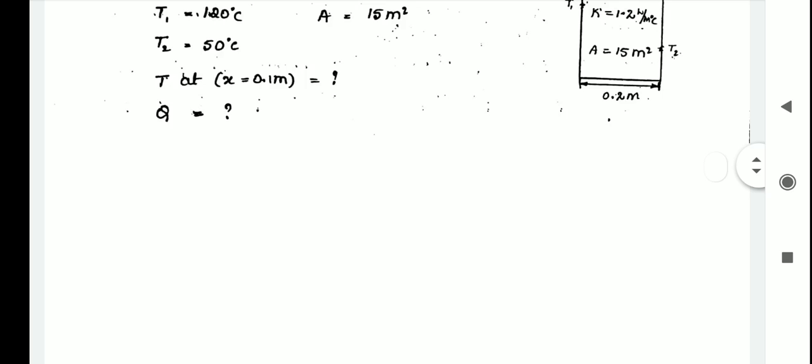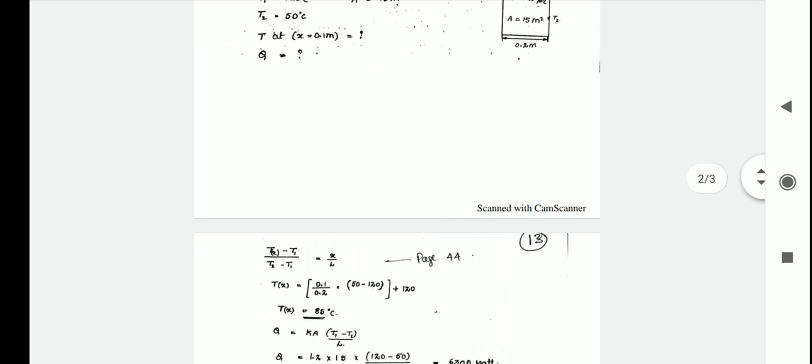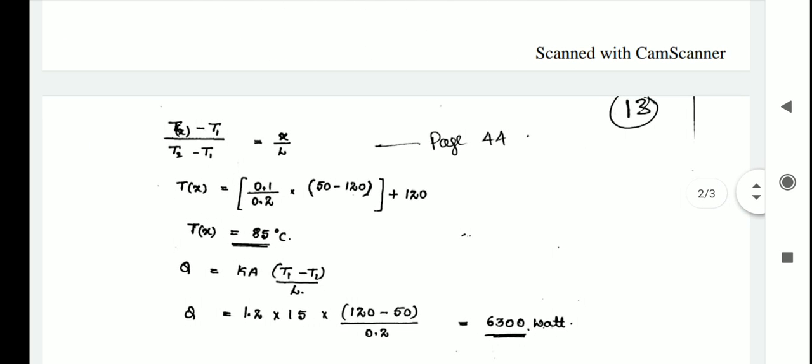Go to page number 44. This temperature distribution formula is available at page number 44: (Tx minus T1) divided by (T2 minus T1) equals x by L. Here the only unknown term is Tx, the temperature at a distance x, where x is 0.1 meter.